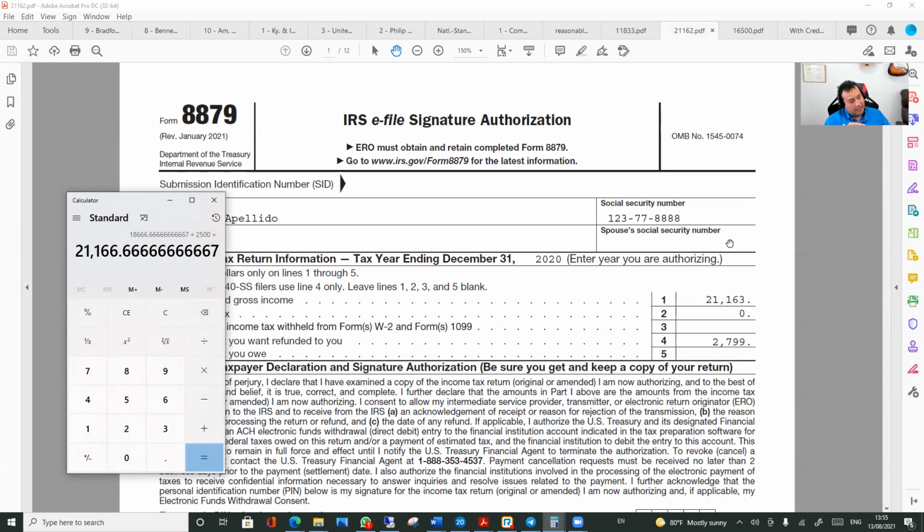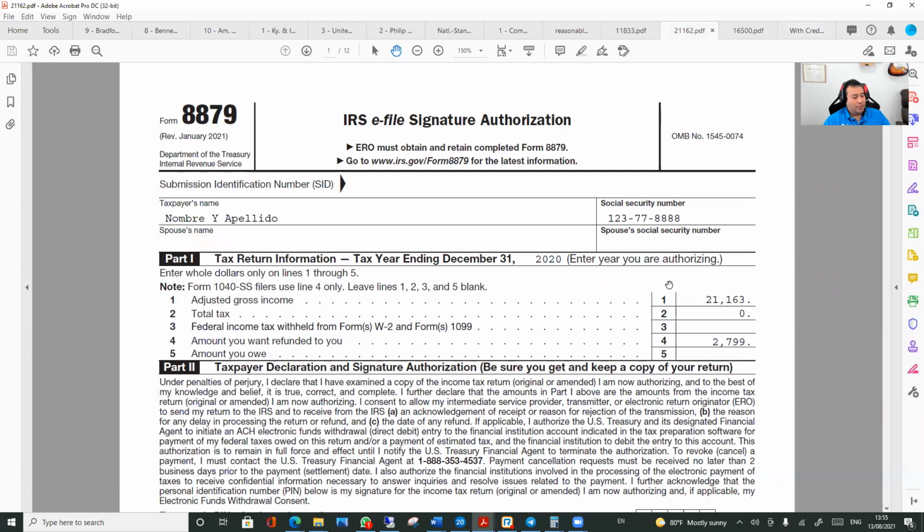So if you make earned income of 21,166, you get the whole 2,800. In this case, for example, I picked 21,163 to show you that the credit already went down by $1. Okay, so that's one example.